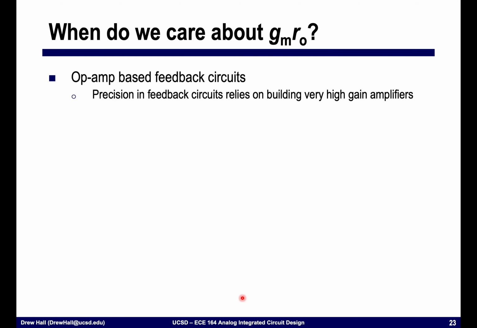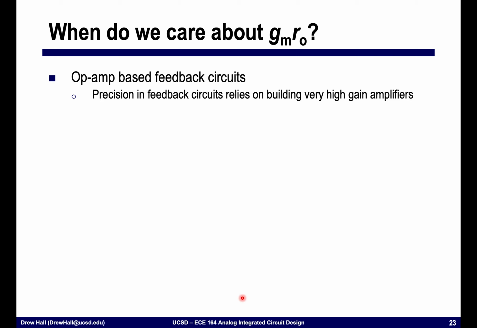So why do we care about this? Why do we care about the intrinsic gain or this GM-R0 product? If you've ever used an op-amp, you often have very high open loop gain. And when I mean open loop gain, typical gain numbers for amplifiers are on the order of 60, 80, 100, maybe even 120 dB.